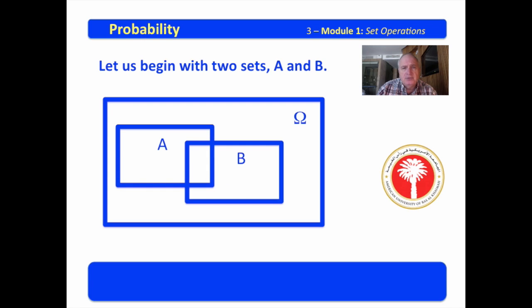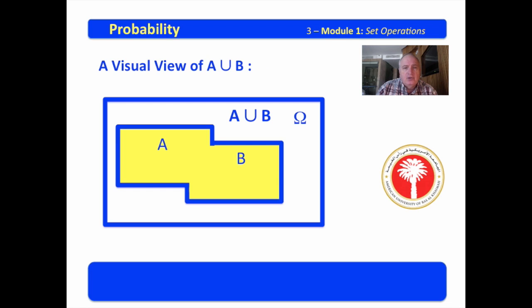Let us begin with two sets, A and B. We have set A, we have set B. The union of A and B is everything that is in A or that is in B. A union B is equal to the set of all X such that X is an element of A or X is an element of B.